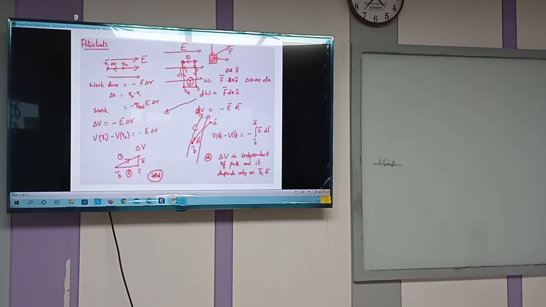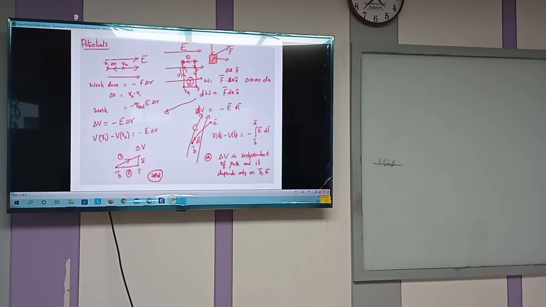If we divide this work done by the test charge, that is, if you calculate the work per unit charge or work per test charge, that will give me the potential. So, work done divided by the charge will basically give me the potential difference.